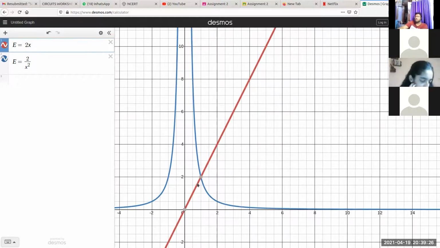From 0 to a, it is this graph, and after that, it is like this. You can say it is a parabolic decay. No, not parabolic. It is a hyperbolic curve, and this is a linear curve. Okay, fine. Have you made the graph, everyone?